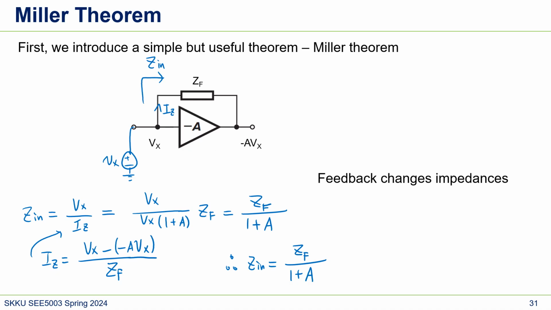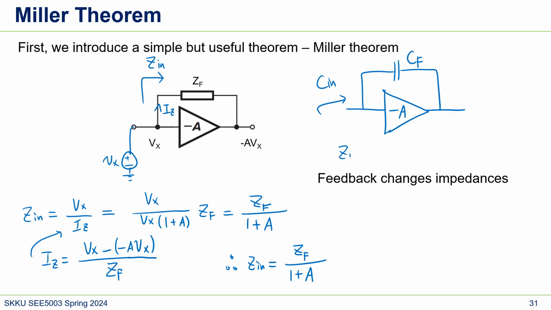Let's see the example with an actual component, assuming that there is a capacitor. We usually use this Miller effect over a capacitor. So here we have CF, and what is C in? That's our question.